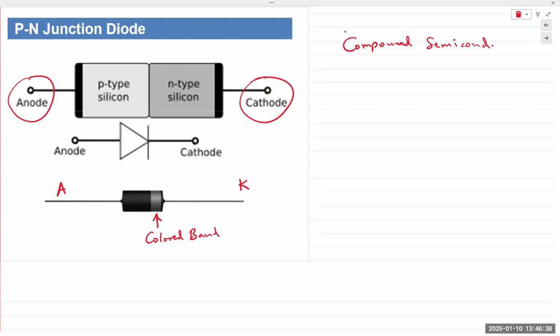Some of the most common ones are made using column 3 and column 5 elements. The most common ones are gallium arsenide, gallium phosphide, and gallium nitride, which nowadays in many of the consumer chargers, you may have heard about it. Gallium nitride fast chargers, right?